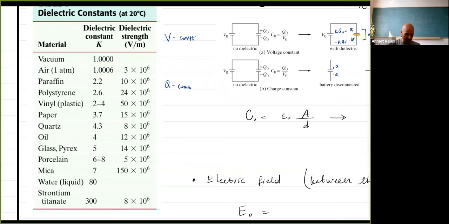You can put paper or quartz, and you can increase the capacitance by a factor of 3 to 4. You can put porcelain or some other material and increase it almost 10-fold. If you put some fancy materials, you increase it by hundreds of times.